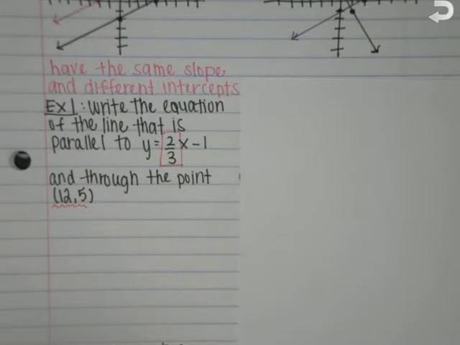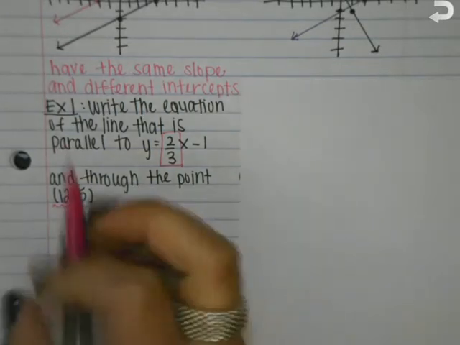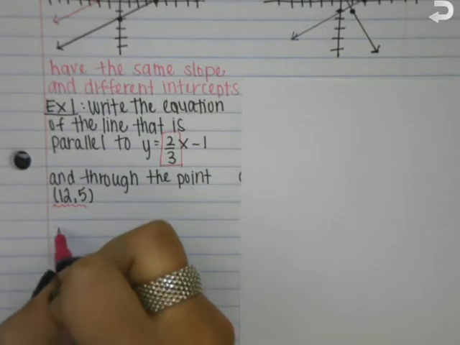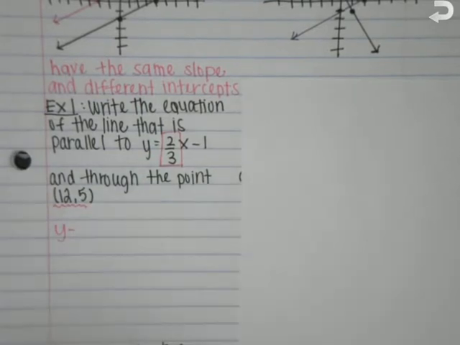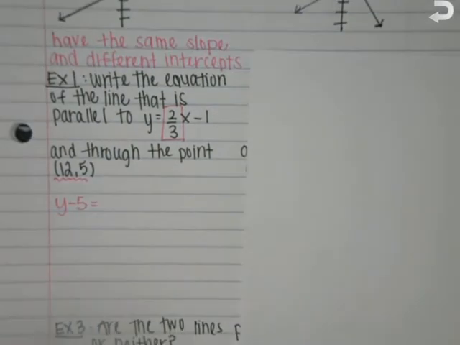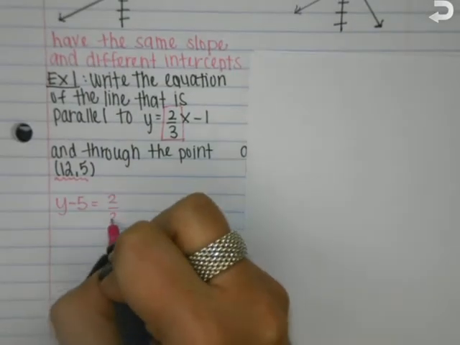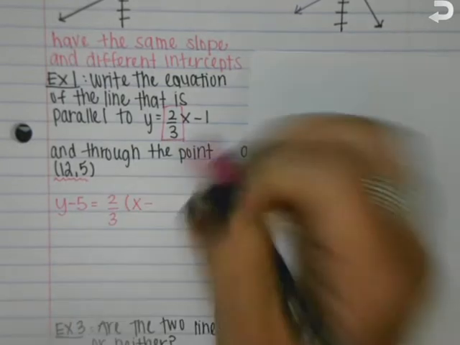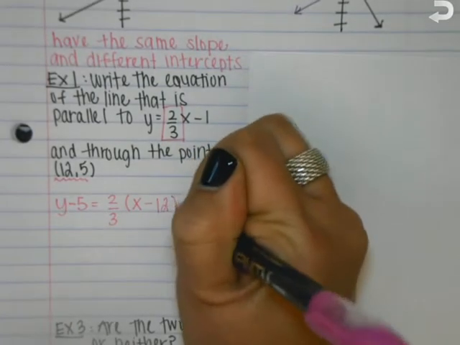Is that enough to write an equation? Yes. What form? Point slope form. So let's do it. Point slope form is y minus the y coordinate, which is what? 5, equals the slope, 2/3, times x minus the x coordinate, which is 12.